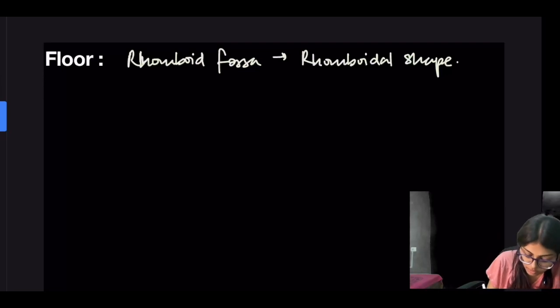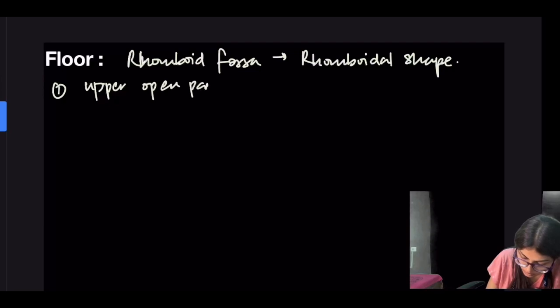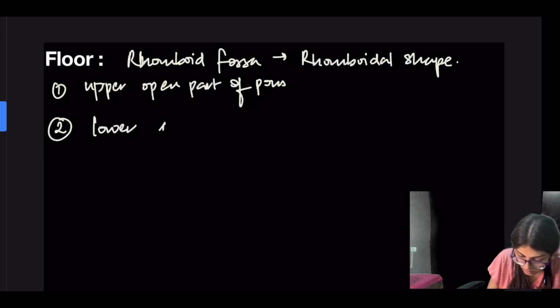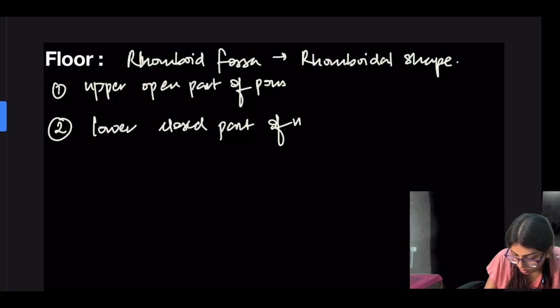It has an upper open part, which belongs to the pons, and a lower closed part, which belongs to the medulla.